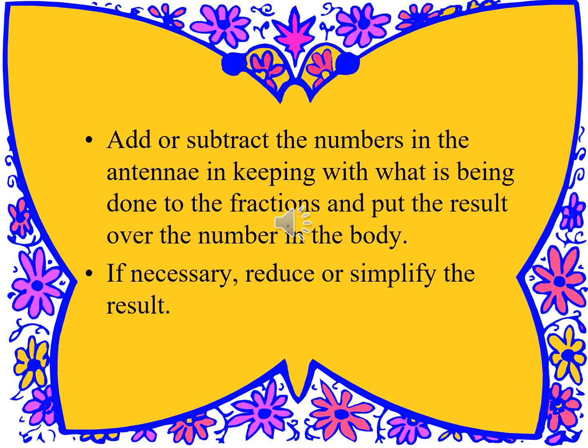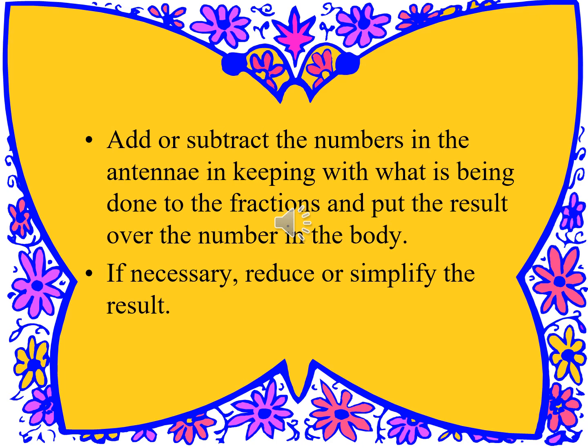Okay, good. So for our final steps, we need to either add or subtract the numbers on the antenna of our butterfly. So if the operation is addition, then we simply add, and if it's subtraction, then we subtract.